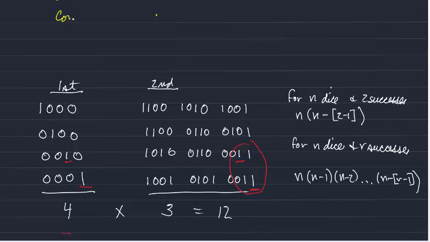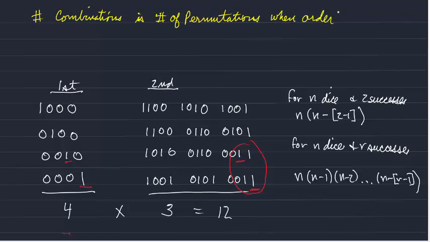So combinations: the number of combinations is the number of permutations when the order doesn't matter.